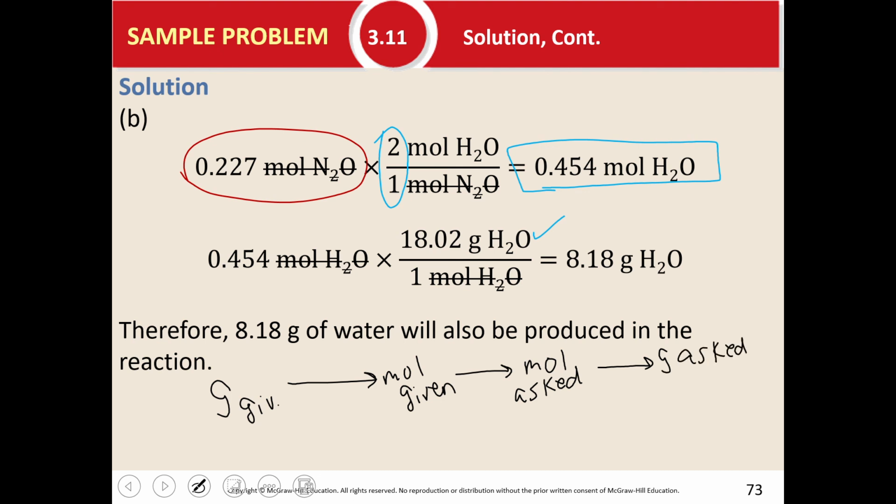And we're going to do this by way of molar mass and the mole to mole ratio, which are the coefficients from the balanced chemical reaction.